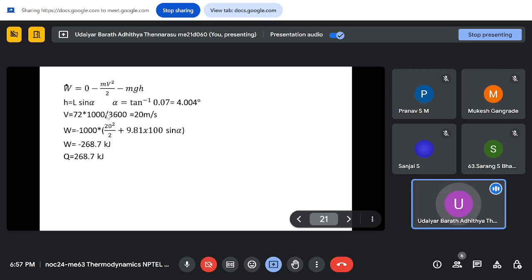So into 1000, divided by 1 hour, which is 3600 seconds, 60 into 60. So hence 72 into 1000 divided by 3600, you can convert 72 kilometers per hour into 20 meters per second. Is this clear? This is what you asked? Yes, sir. Okay.